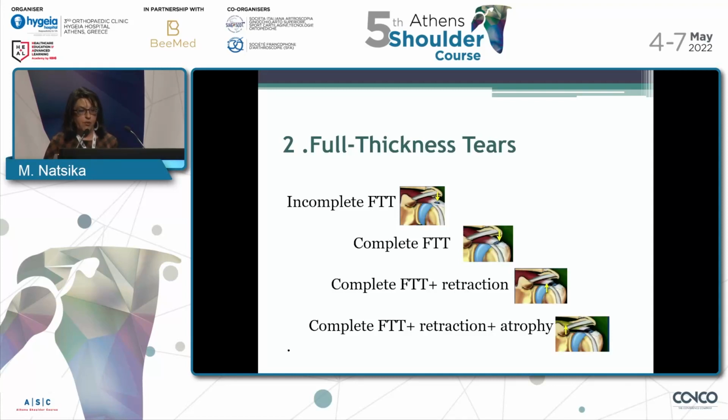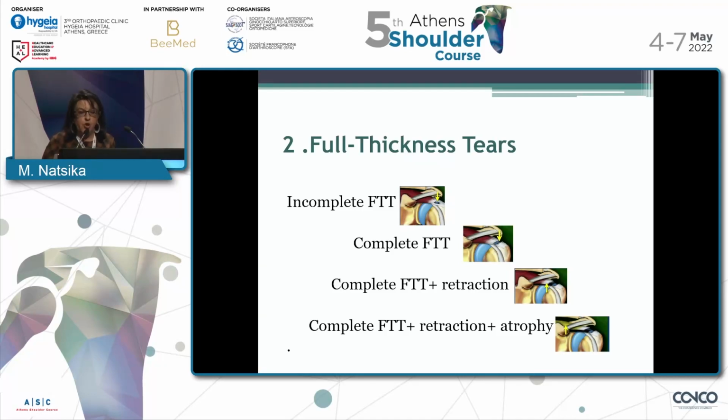We pass to the full thickness tears that have their own checklist. We answer the questions. Is it an incomplete full thickness tear? That means it refers to a part of the width of the tendon, not all the width of the tendon, but in all the thickness of the tendon at the width that we refer to.